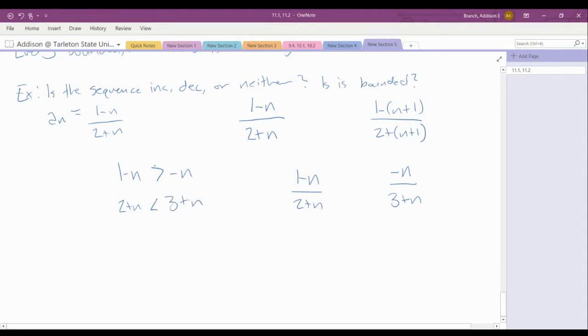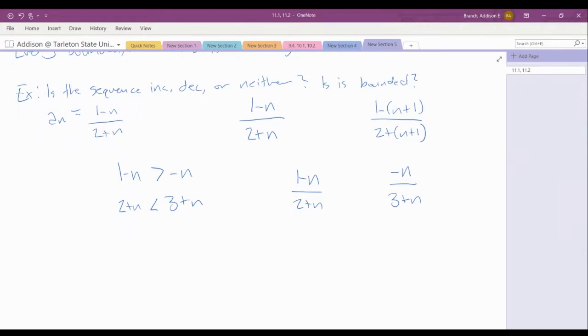If the numerator is bigger, the fact that our numerator of our first one is bigger than our second implies that the first is going to be bigger, and it's essentially going to be decreasing as we move on because our numerator is getting smaller.